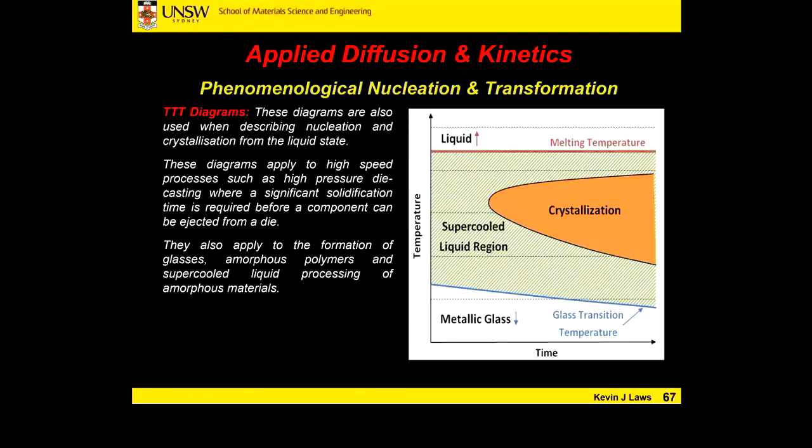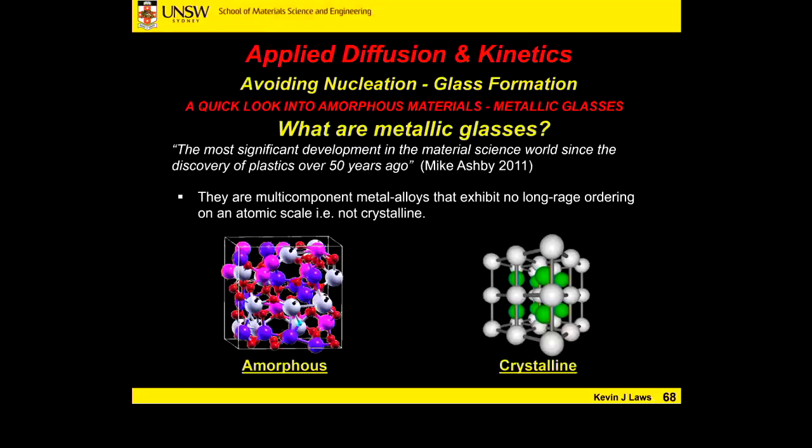We also had a look at the more basic transformations between the liquid crystallizing, and what happens to the vitreous solid if we're raised above our glass transition temperature. The key examples there were silicate glasses, amorphous polymers, and metallic glasses.